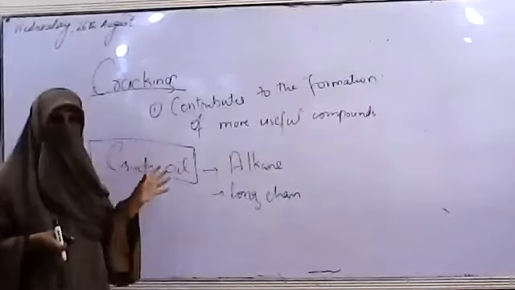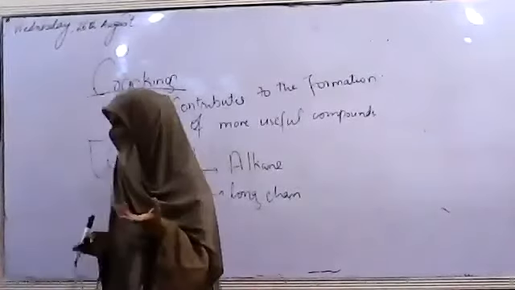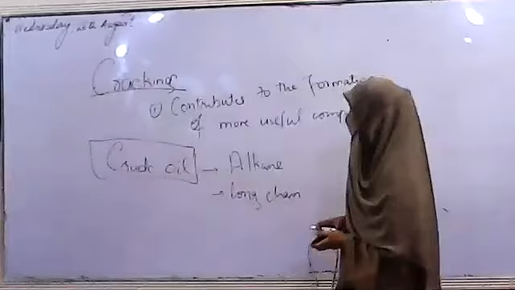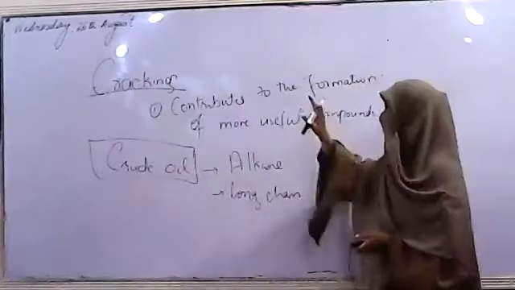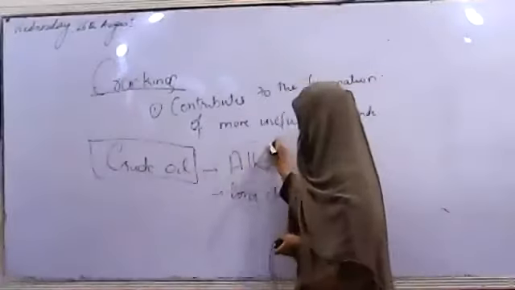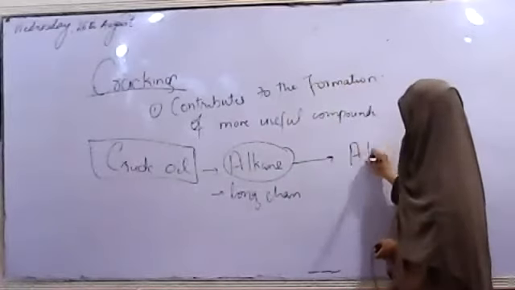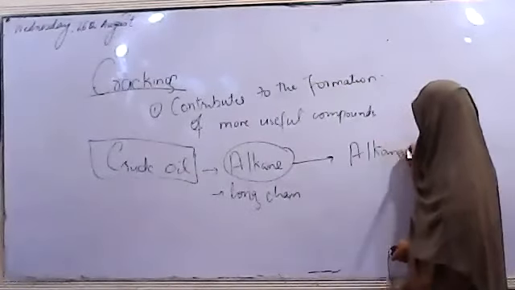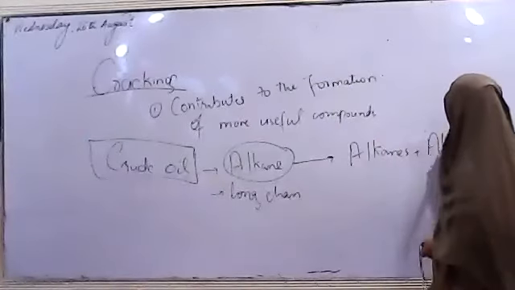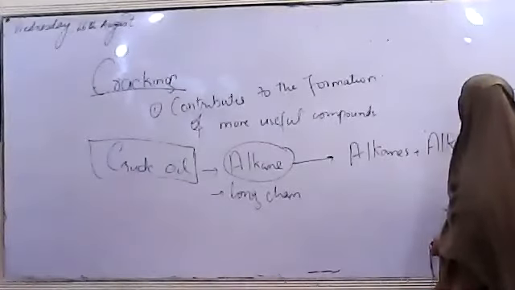So to make crude oil a useful compound, we use the process of cracking, and in this process we convert these alkanes into alkanes plus alkenes.